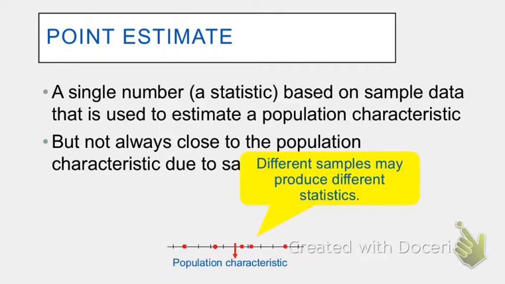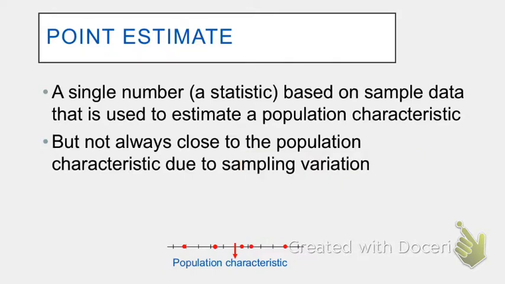So different samples may produce different statistics. Not everybody's going to get 10%. You could get one that's 12%, 15%, 5%. Everybody's getting something different. Not always close to the population.